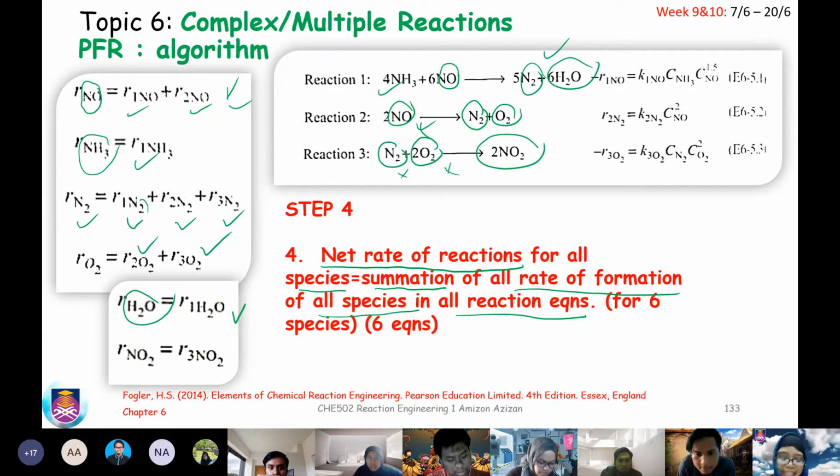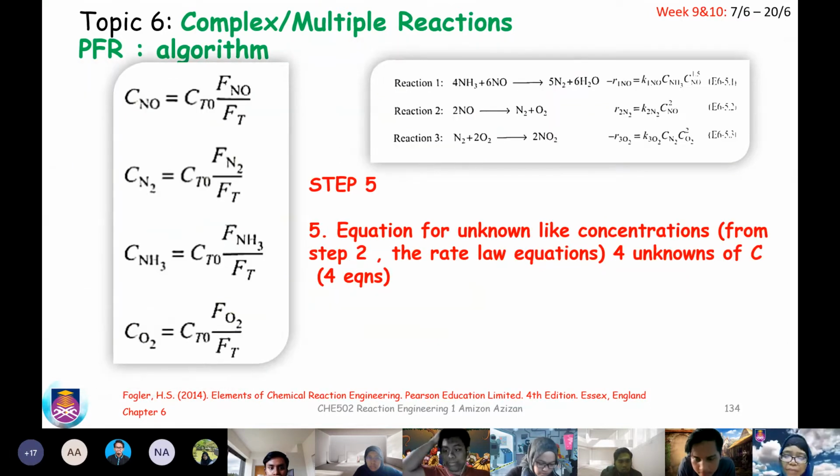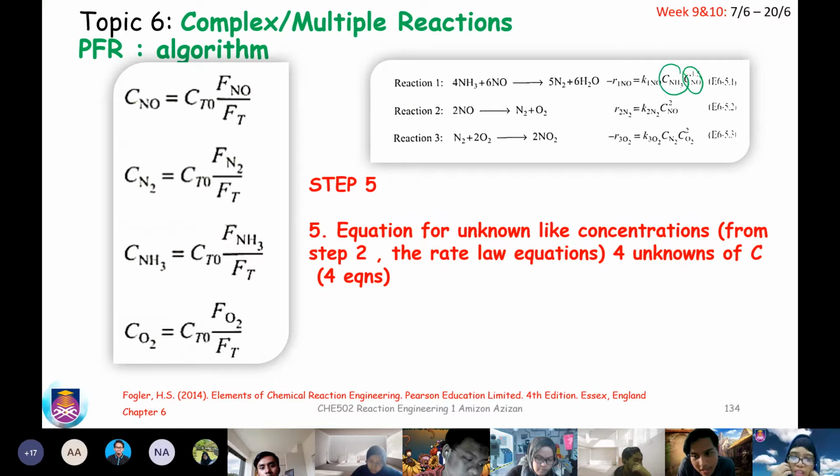Fifth step. Now we have written the net rates of formation, all the R's. Then we have written the rate laws, all the rate of reaction equations. What we have not written is the concentration. We don't know the concentration, so we want to write the formula for the concentration, the equations for unknowns like concentration.